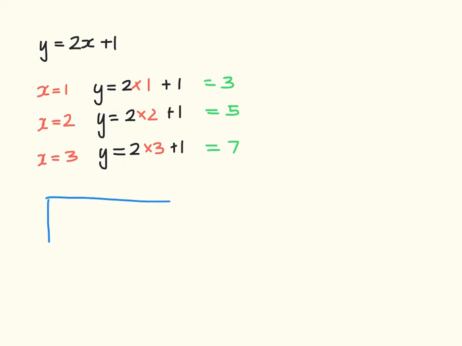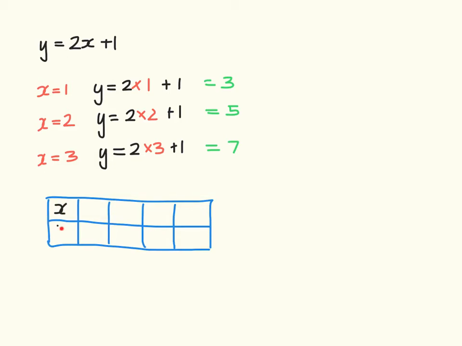So drawing up my table and dividing it up using your grid lines. Now the very first thing you write is x on top, x comes first, and then y on the bottom. And then along my top row, I'm going to write the x's that I've used.